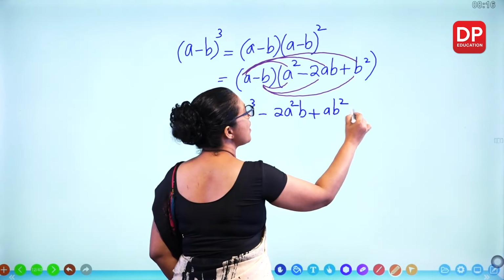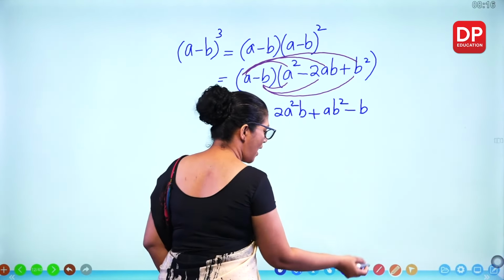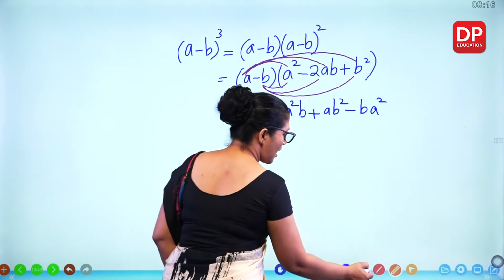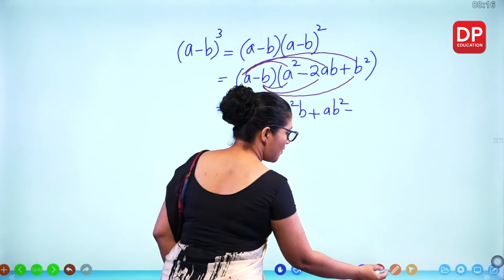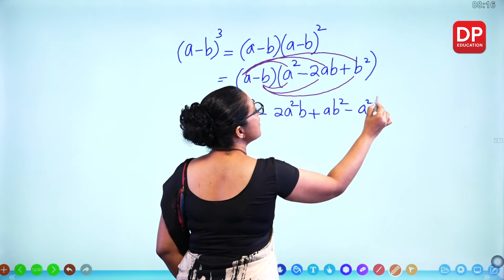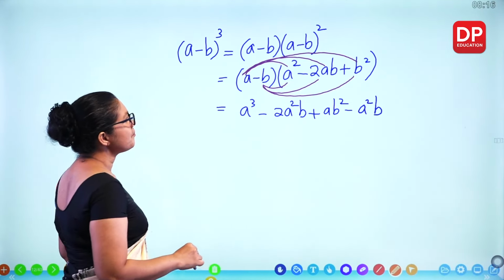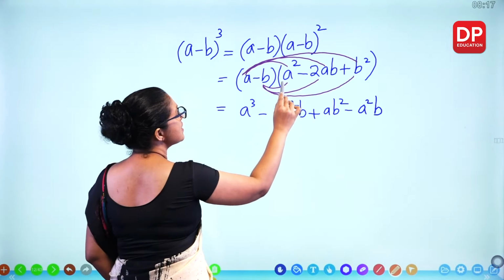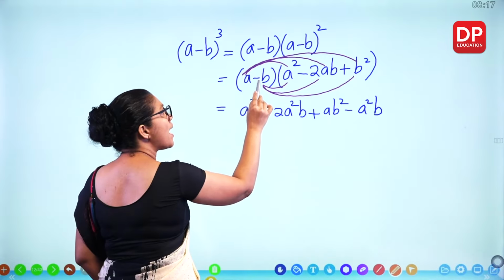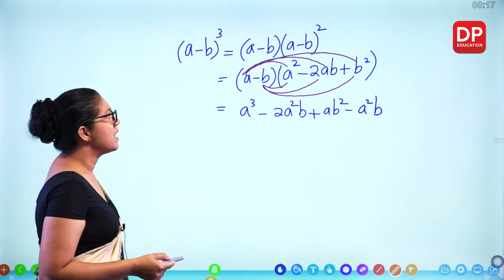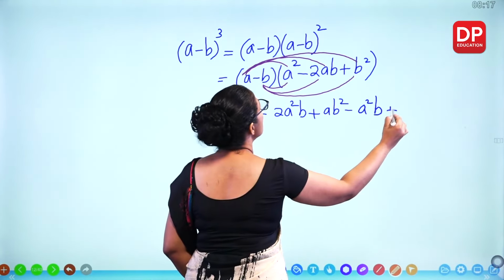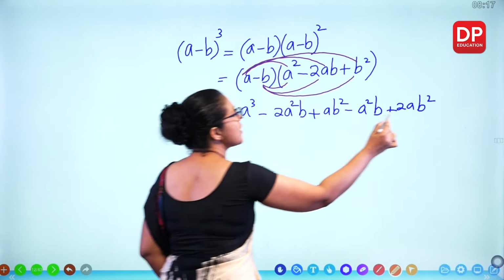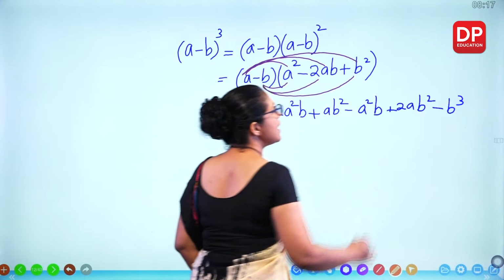Minus b times a squared, minus ba squared, or I can write other way around. I'll write other way around because then we can see whether there are like terms. I did this one, minus ba squared. Now this one, minus b times minus 2ab. You get plus 2ab squared. This with this, you get minus b cubed.